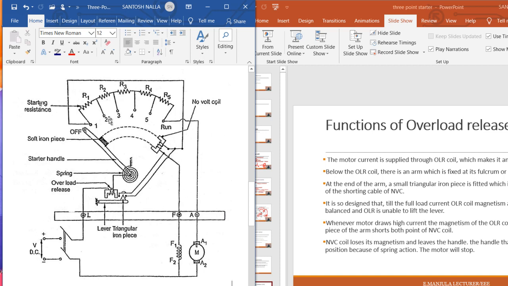And another current, that is the armature current, will flow like this through the armature.